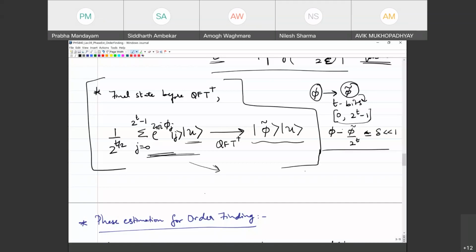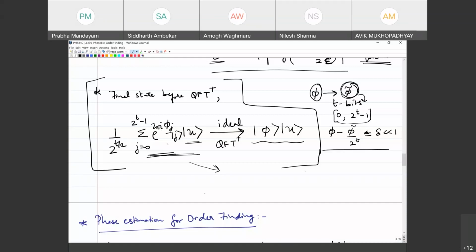Now you're doing the inverse Fourier transform essentially on phi tilde. Maybe I shouldn't have written it like this. Let me write this as phi itself and say this is ideal. But these t bits that I have here before the inverse Fourier transform are basically the t bits of phi tilde only.